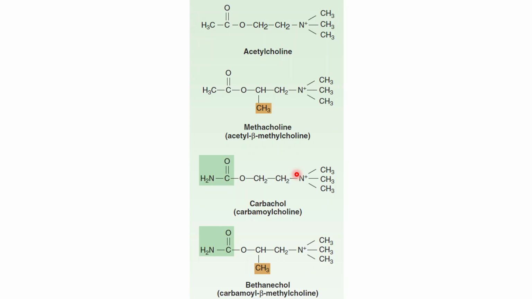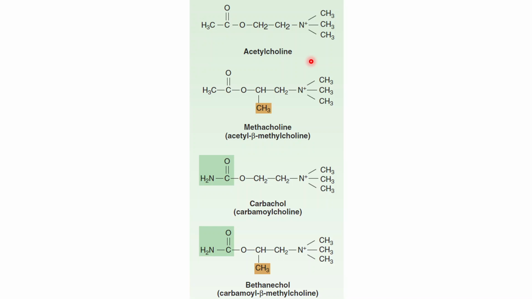Although all are hydrolyzed in the gastrointestinal tract, they differ markedly in their susceptibility to hydrolysis by cholinesterase. Acetylcholine is very rapidly hydrolyzed, and large amounts must be infused intravenously to achieve concentrations sufficient to provide detectable effects.